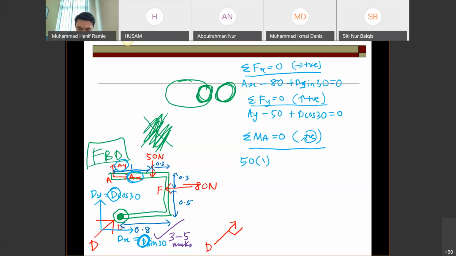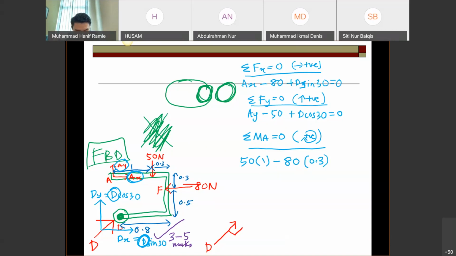For 50 Newton, it follows the assumption of clockwise, so it should be positive. The second force, 80 Newton, should be negative because it opposes the assumption that clockwise is positive. So negative 80, and the dimension is 0.3.